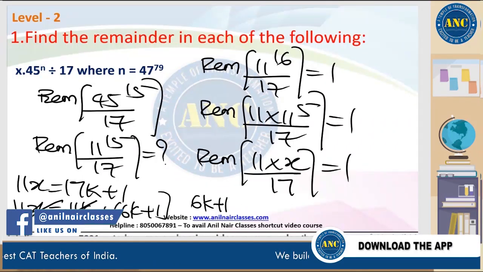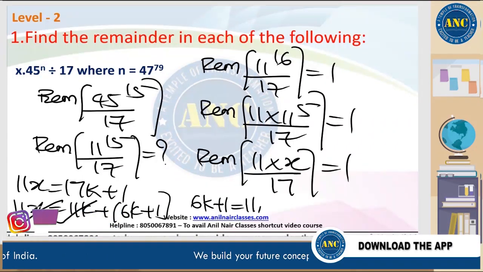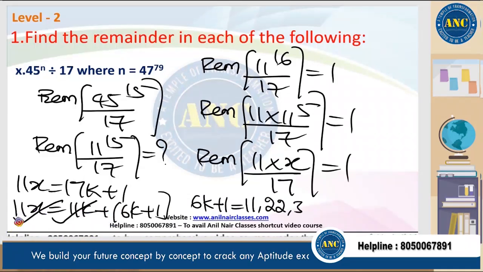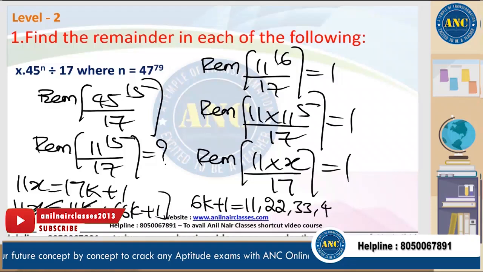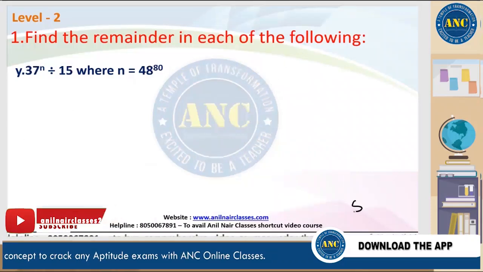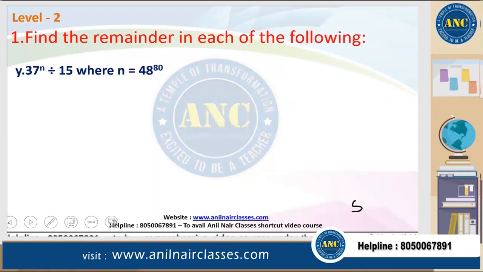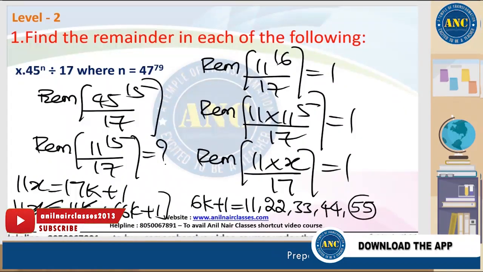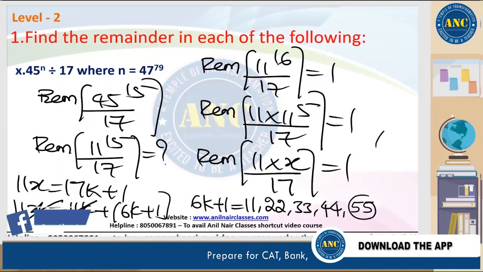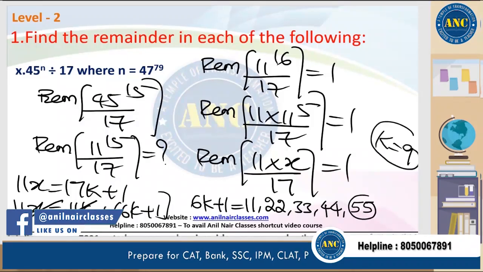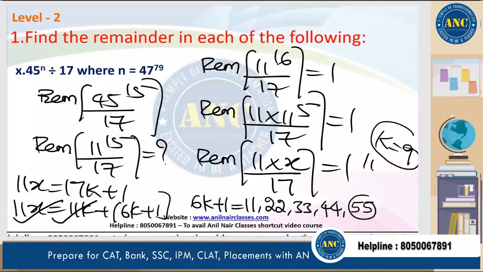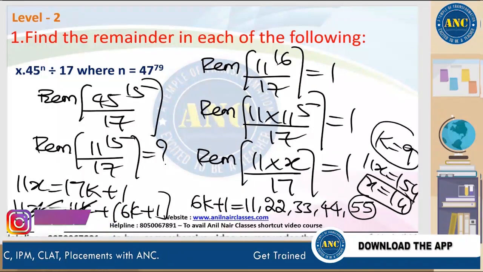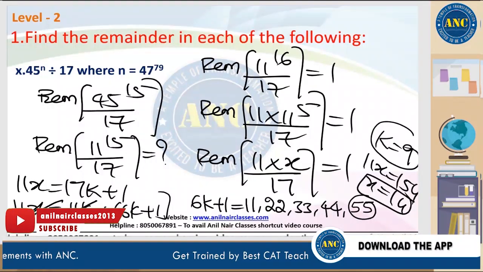If I keep taking 11, 22, 33, 44, k will become a fraction. Then 55: 6k plus 1 is 55, 6k is 54, so k is 9. If k is 9, 11x is nothing but 154. So x is nothing but 14.